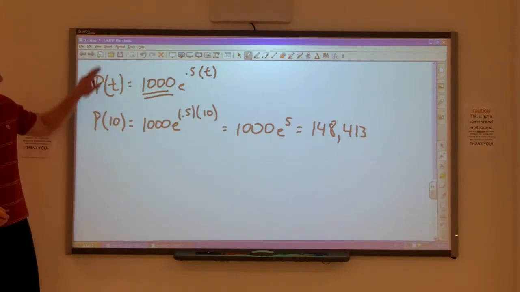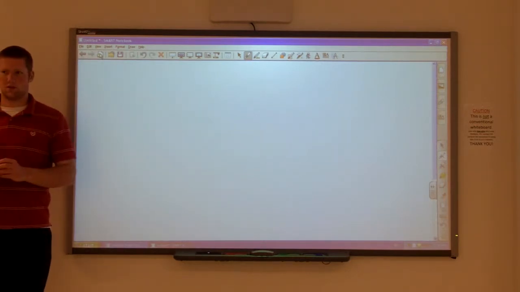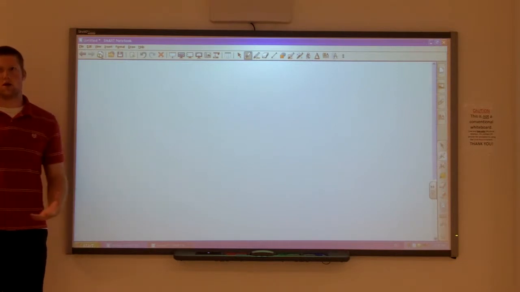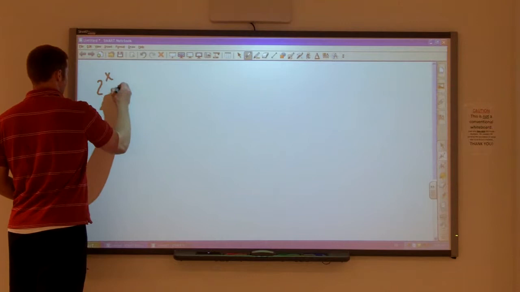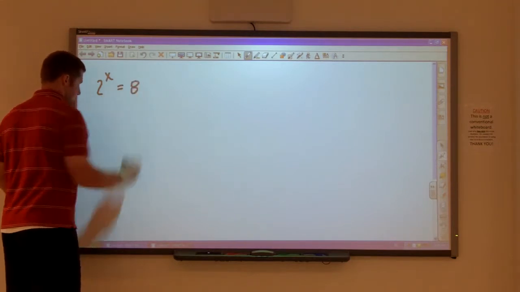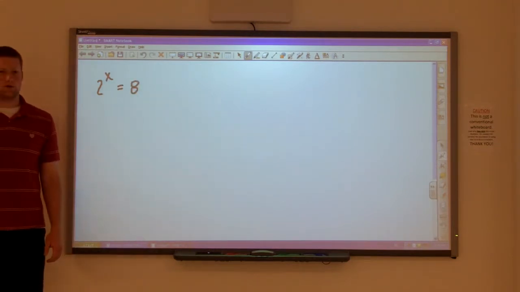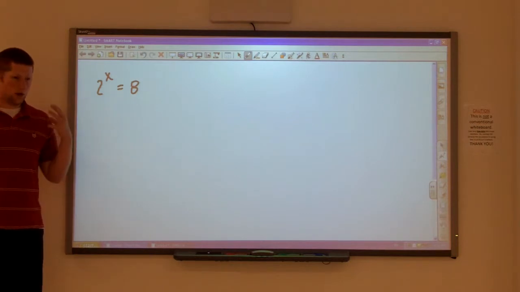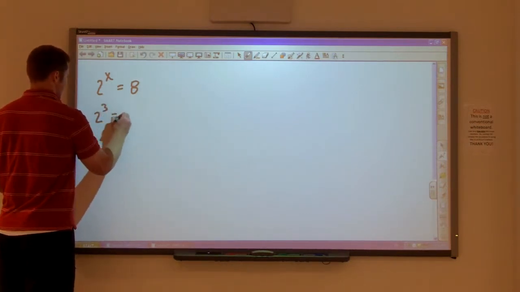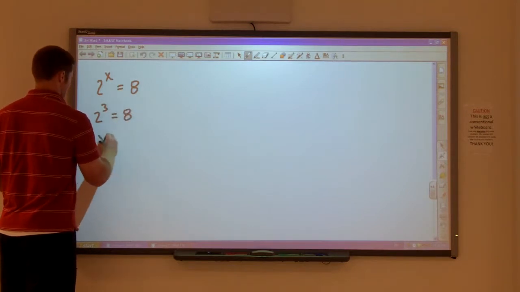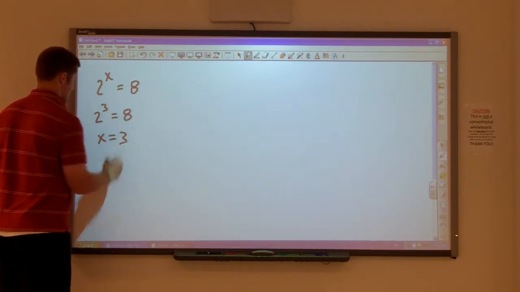Alright, so let's look at how we solve some of these exponential equations that are just generic with x. For example, if we had to solve 2 to the x equals 8, that's straightforward enough. We can just think that through. We know that 2 to the third power is 8, so x is simply 3.